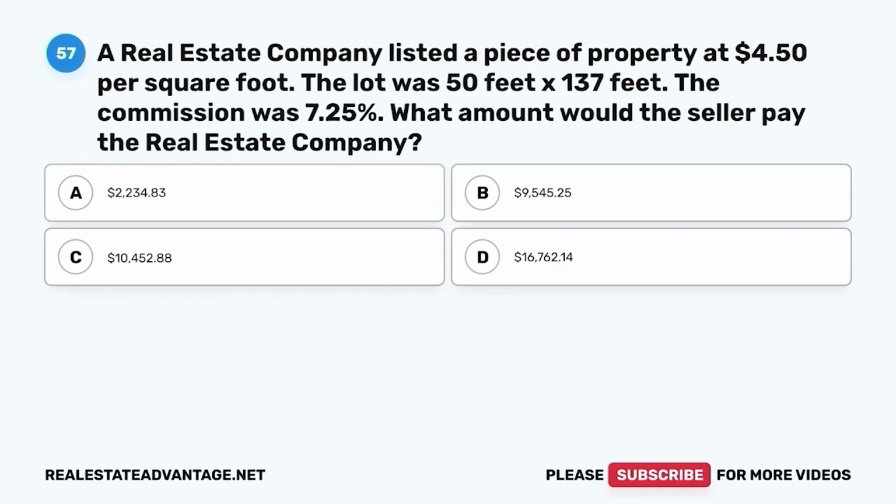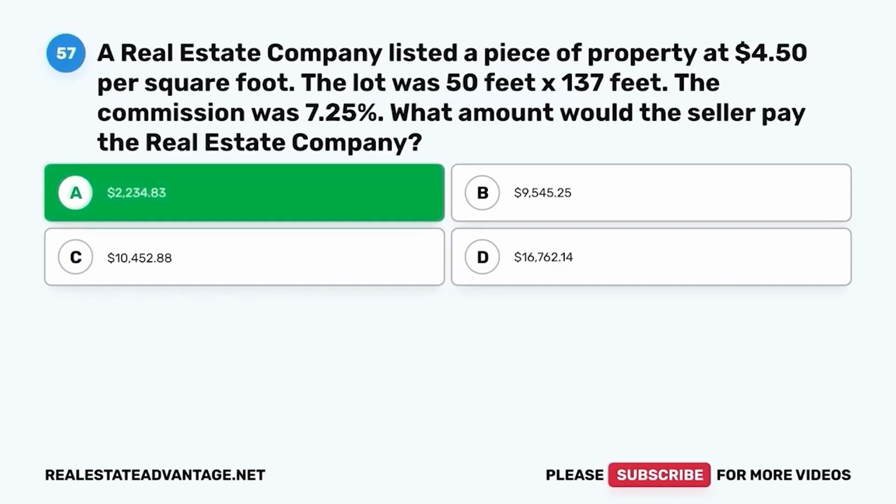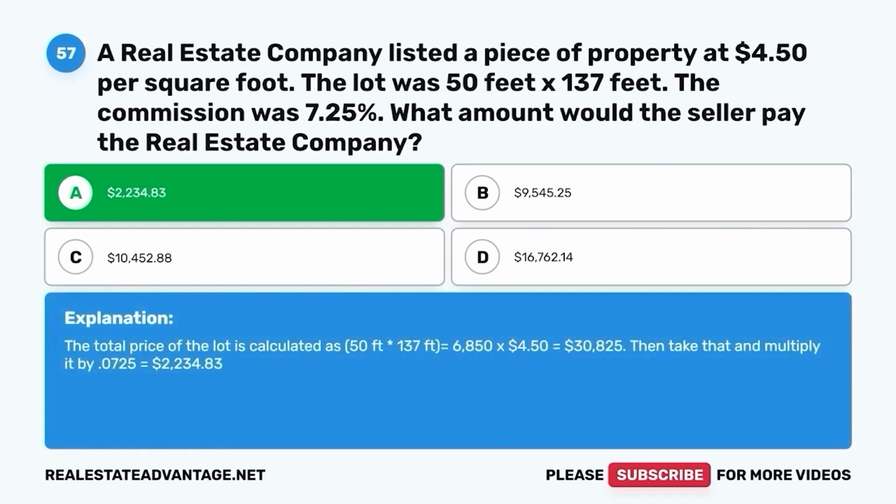D. $16,762.14. The correct answer is A. $2,234.83. The total price of the lot is calculated as 50 feet times 137 feet equals 6,850 square feet, times $4.50 equals $30,825. Then multiply that by 0.0725, which equals $2,234.83.